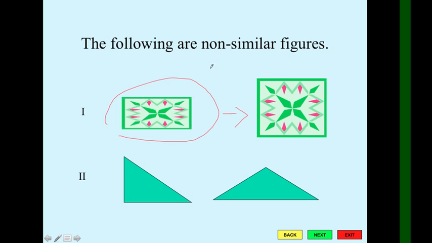While here, they are also not the same, because this is a right triangle and this one is, I think, an oblique triangle, particularly an obtuse triangle. So these are examples of non-similar figures.